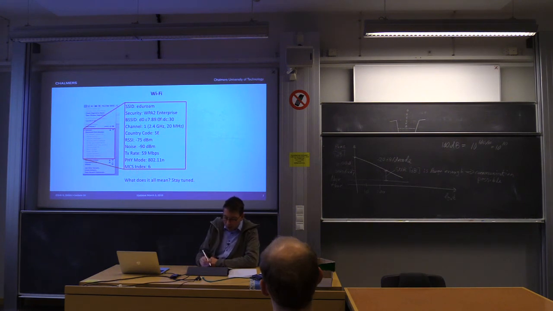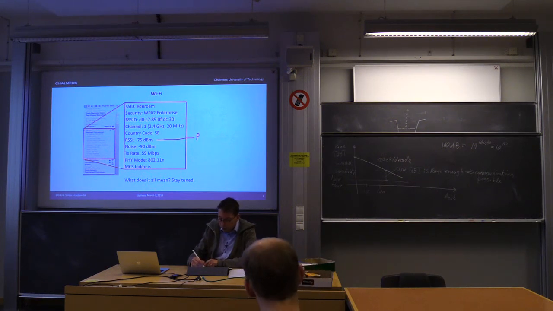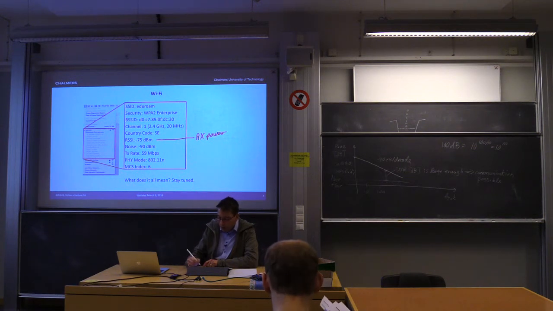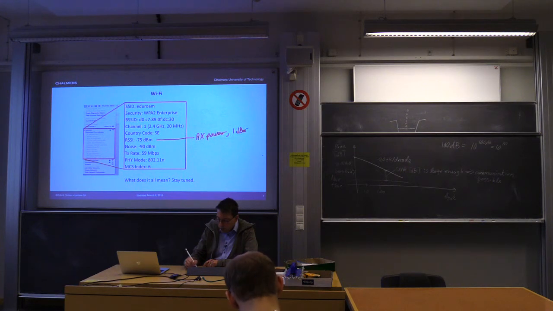But here, this number is the current received power. 1 dBm is equal to 1 milliwatt. So in this case, it's minus 75 dBm.